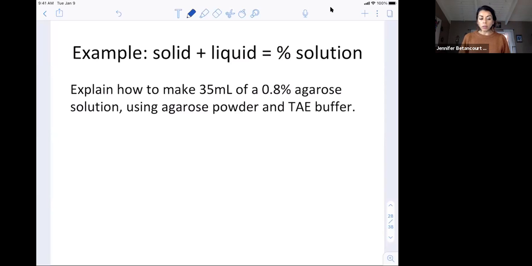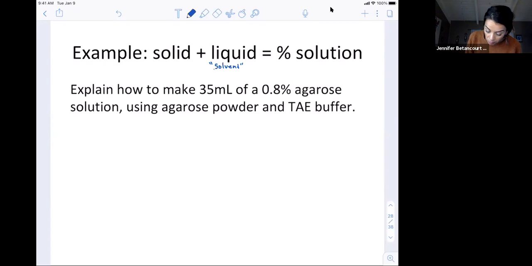Okay, so to make these percent solutions in molecular biology, you can always assume, unless otherwise instructed, that the buffer, or we should call it diluent or solvent, the thing that you're going to dissolve the solid in, has the same density as water. So this liquid, people like to call it solvent. That's usually when they're taking a solid and dissolving it.